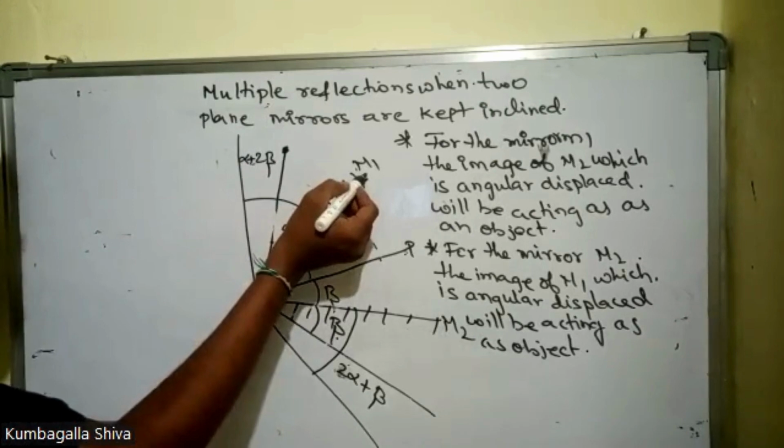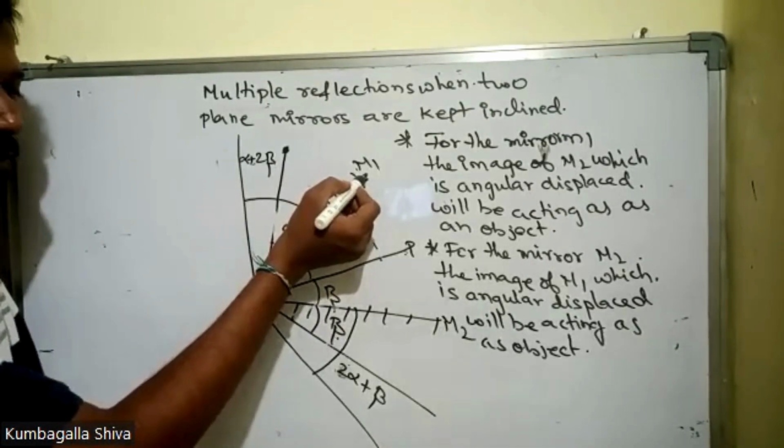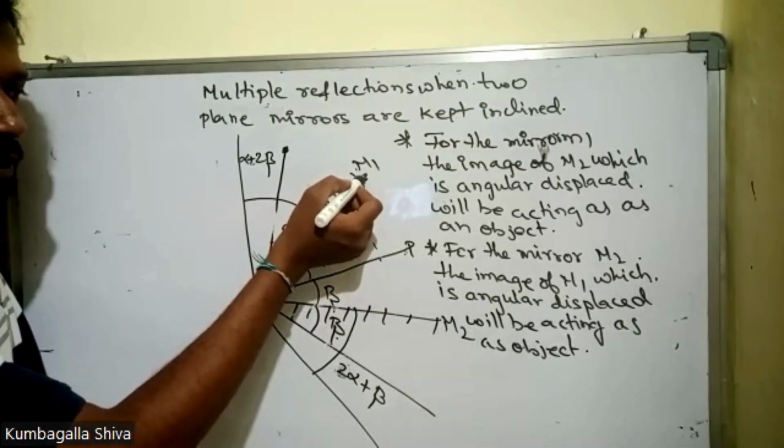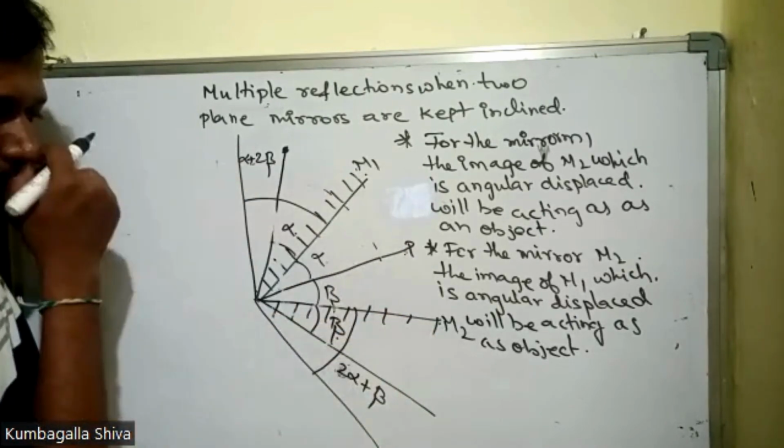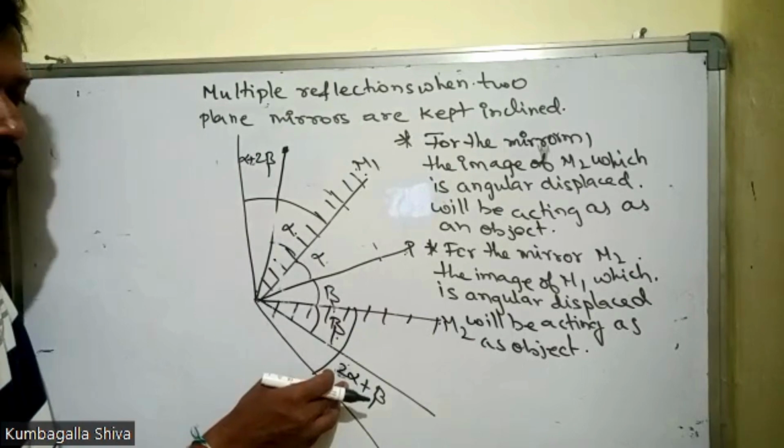Now M1 is looking at the object on this side, M2, which is acting as an object for it. That is the angular displacement, how much? 2 alpha plus beta.